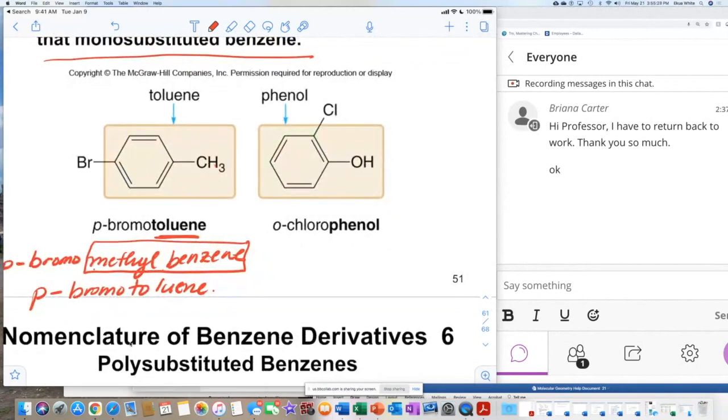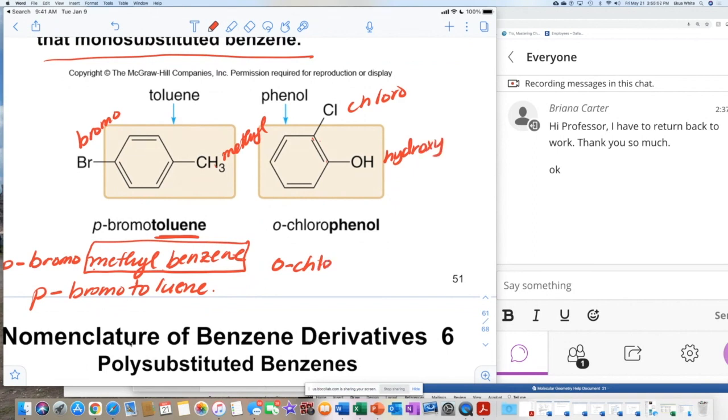And then here, if we're using the official term, because these are next to each other, you write O chloro, this is chloro, right? I forgot to label these. This is methyl, this is bromo, this is chloro, this is hydroxy.